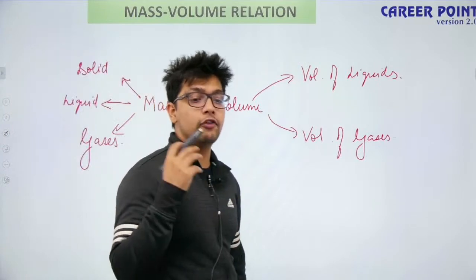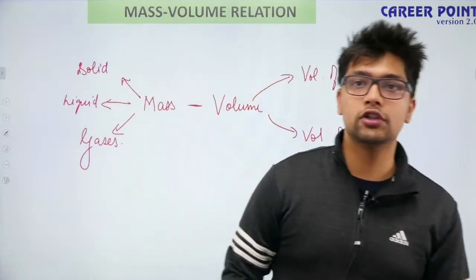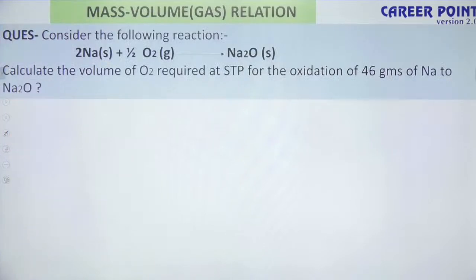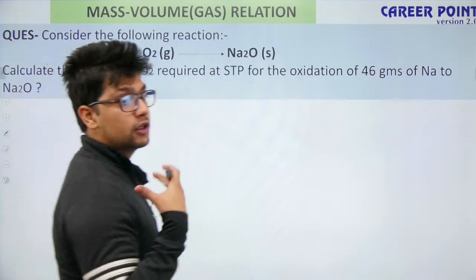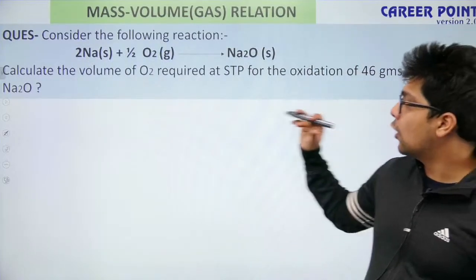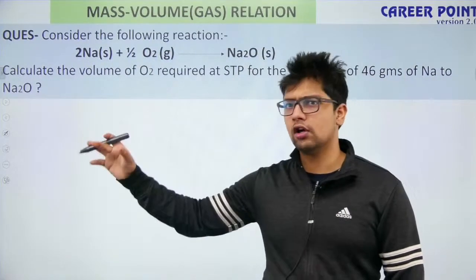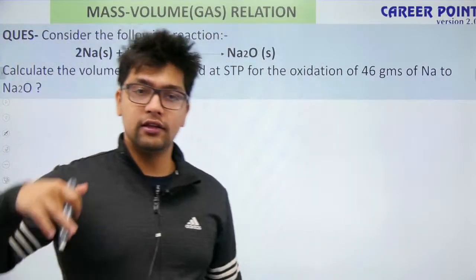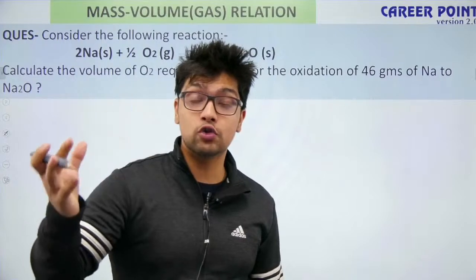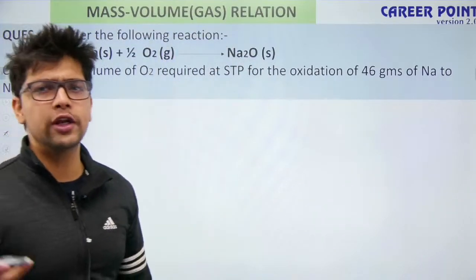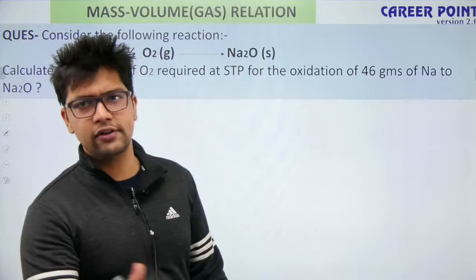It's something that we need to learn. Sure Ashwin? Surely. So let's proceed. Let's understand this with the help of a question. Look at this question. First, I will tell you how to solve this question. I will solve this by two methods. The first method will be the important one, the conceptual part using mole concept, and the second method will be a shortcut which you can use in your examination, especially the competition.